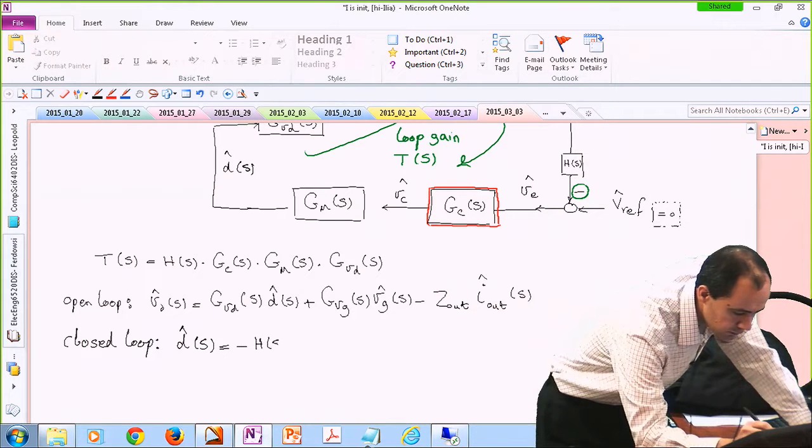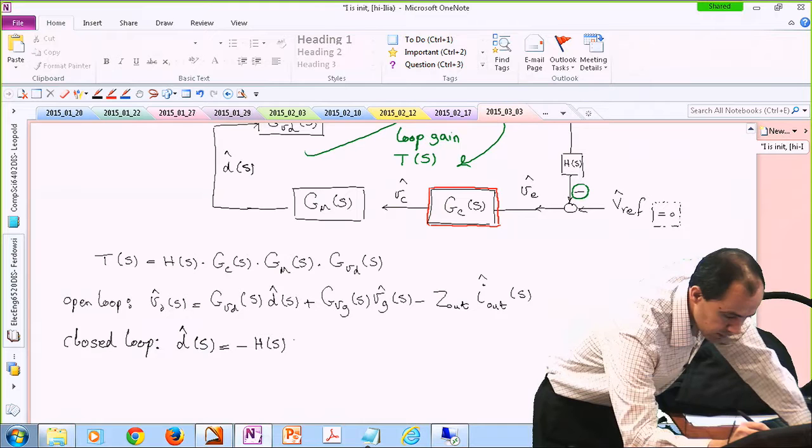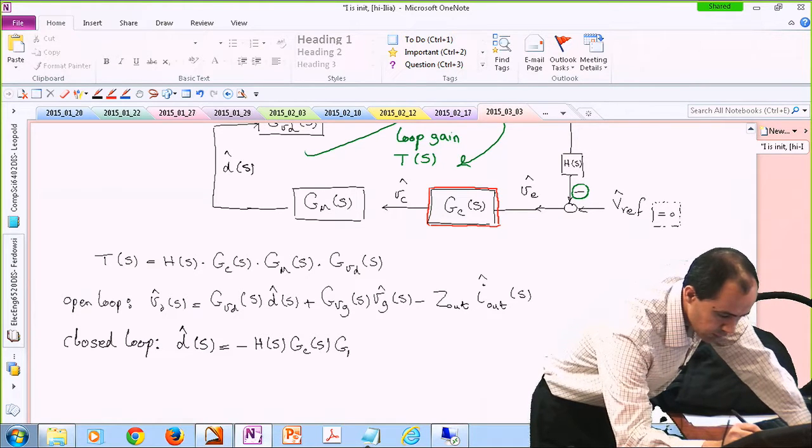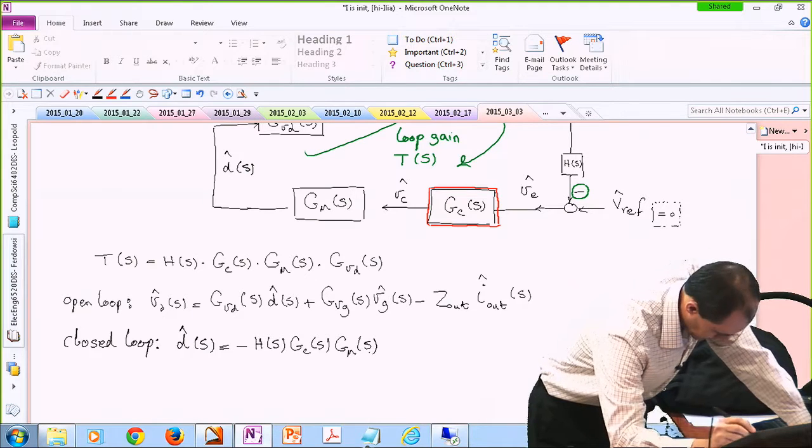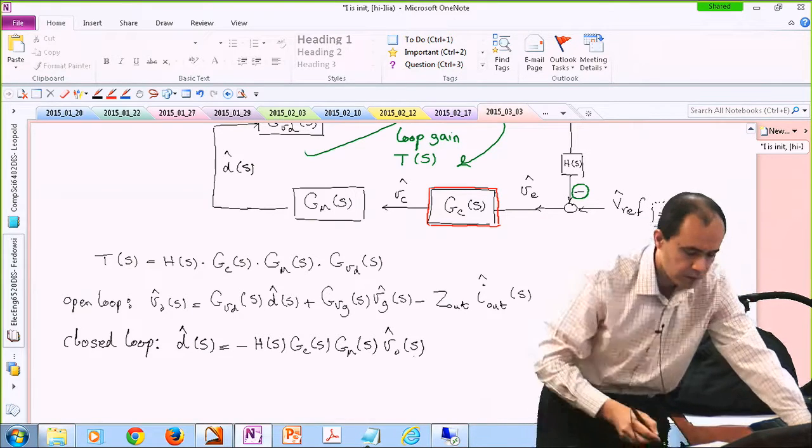Negative H of S, G sub C of S, modulation block gain, times the output voltage. All right.